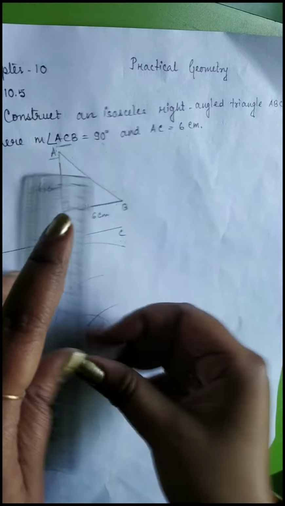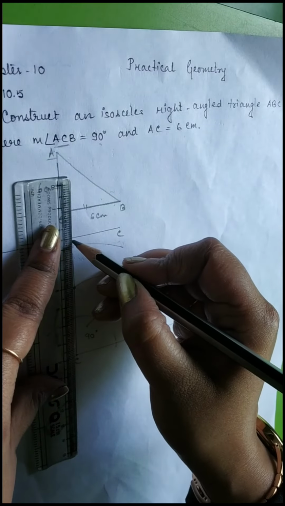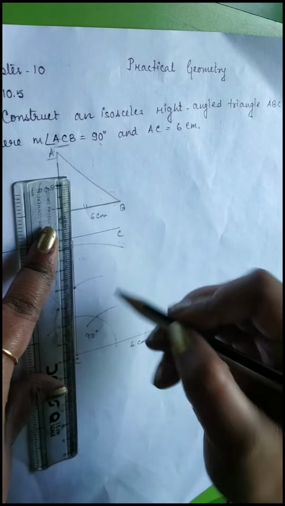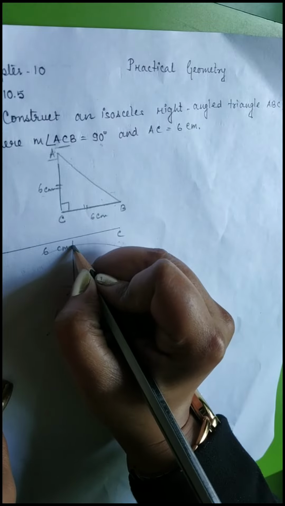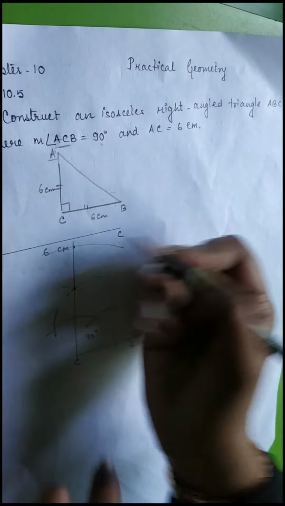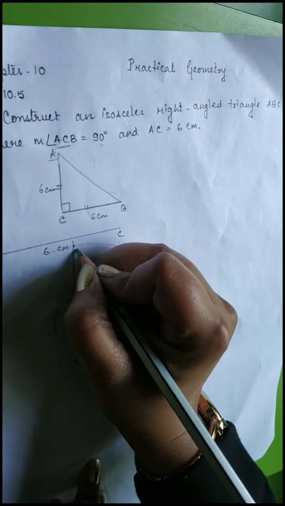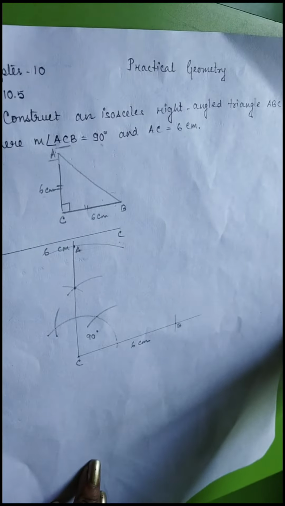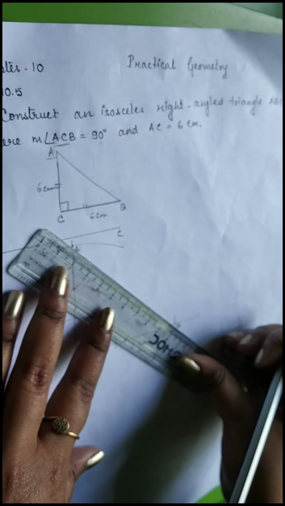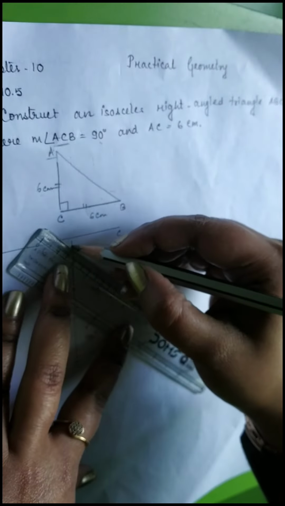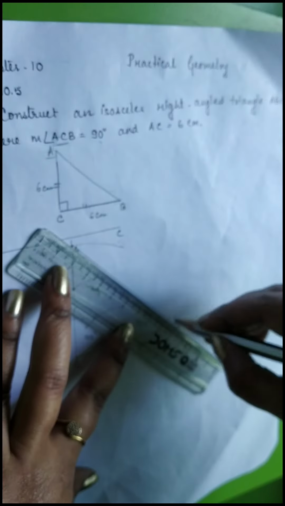Let us extend this line to get the point of intersection. Suppose this is the point of intersection. So here we'll place point A. Now if you join AB, we'll get the required triangle.